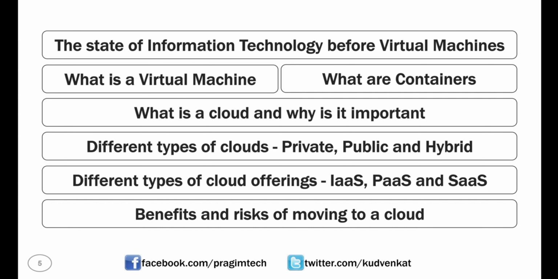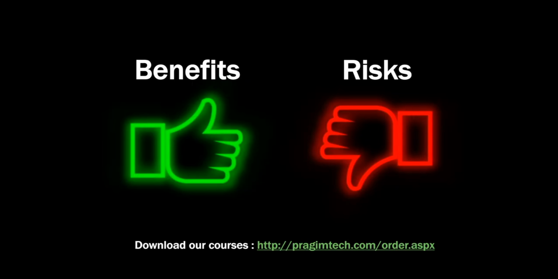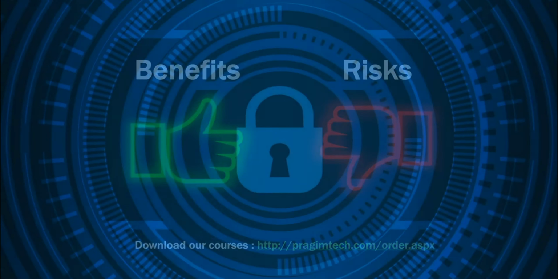Cloud computing offers several benefits, and we discussed them in detail in our previous videos in this series. Just like everything else, along with the benefits, cloud computing also has risks. We must know and consider these risks before moving to a cloud. Again, we discussed the risks of cloud computing in detail in our previous videos in this series.